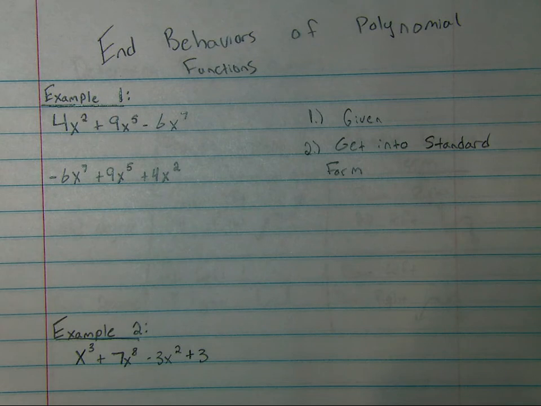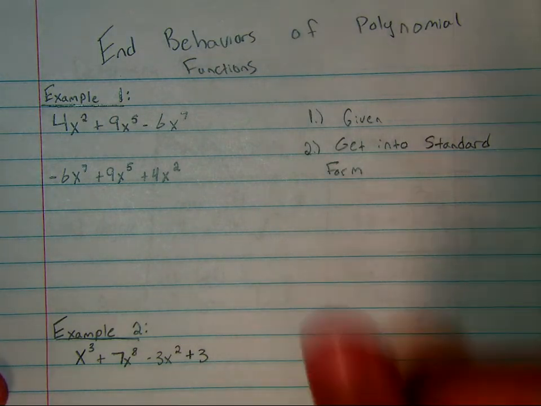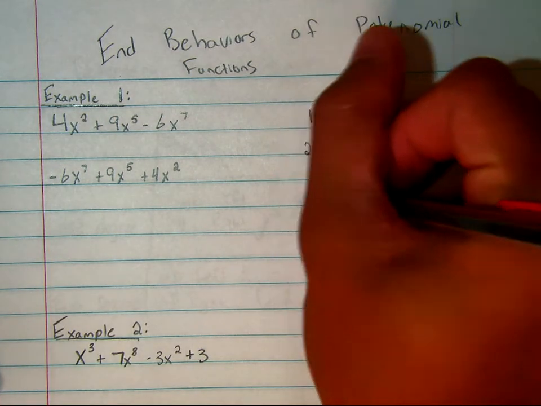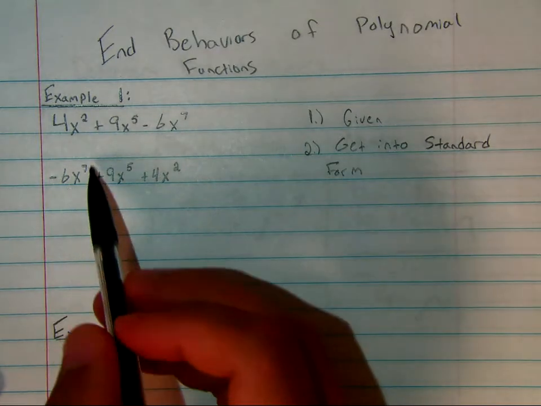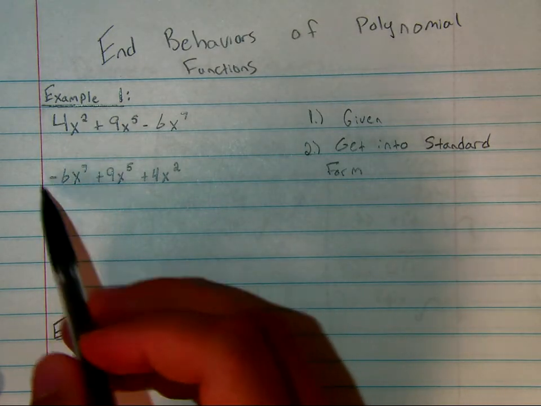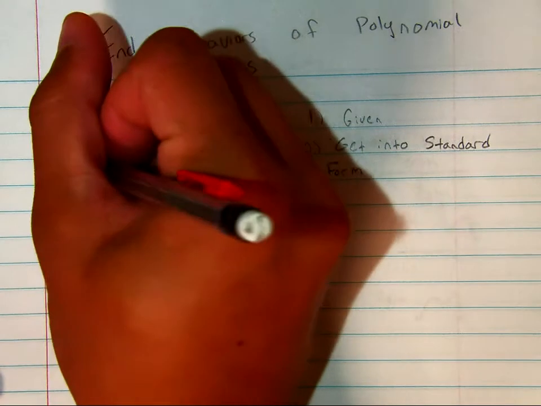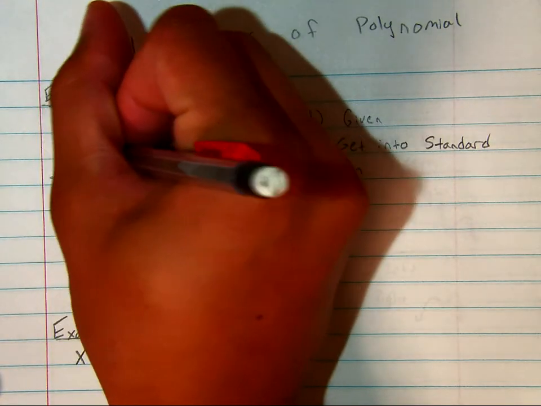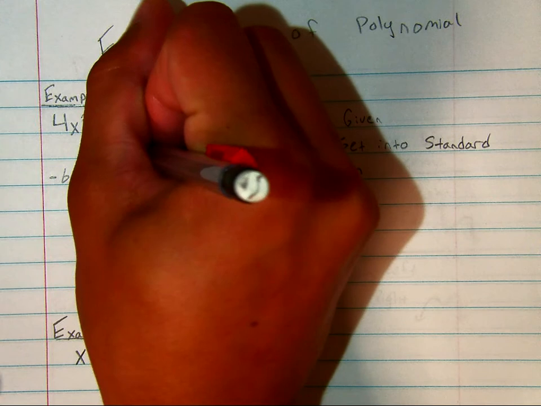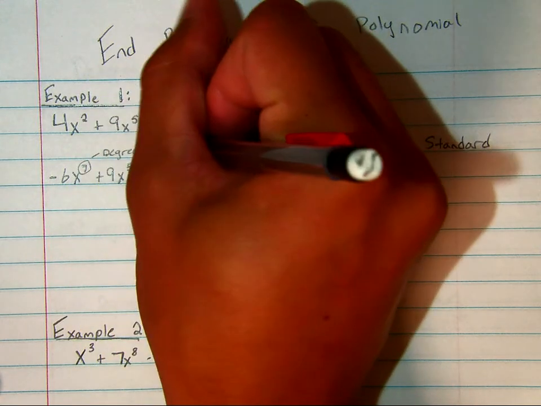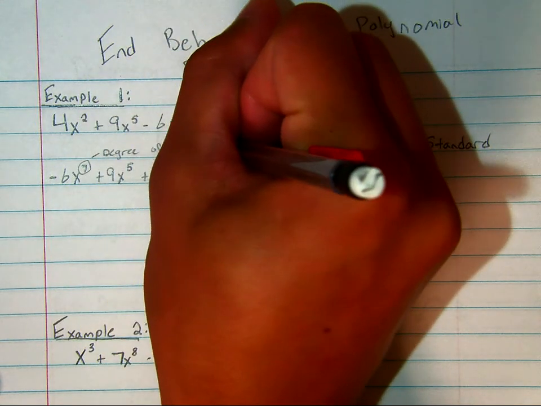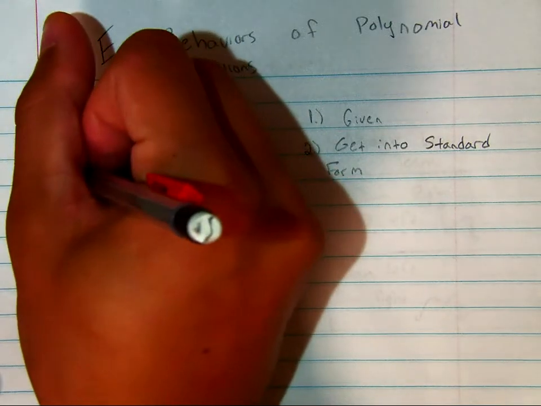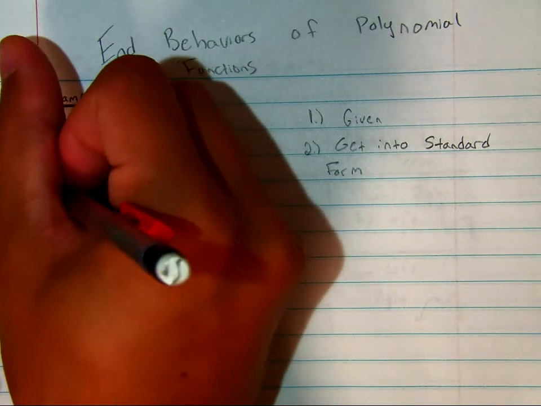Alright, from there I need to look at the degree of my polynomial and then the leading coefficient. So here's the degree of the polynomial, and here's the leading term.